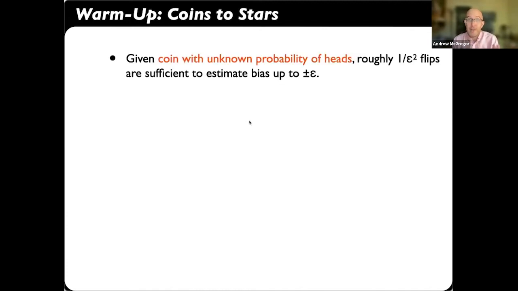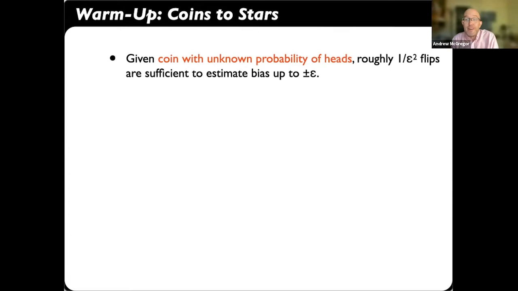I want to build up to our results by relating it to some other well-known inference tasks. I will start off with the most basic one that I'm sure everyone has seen. You have a coin with an unknown bias.